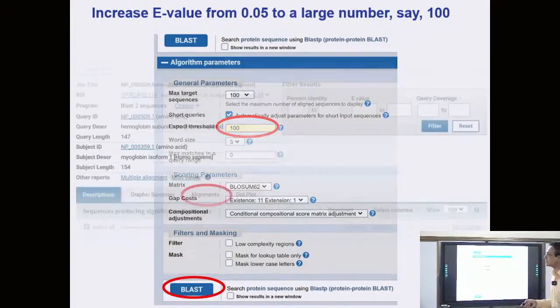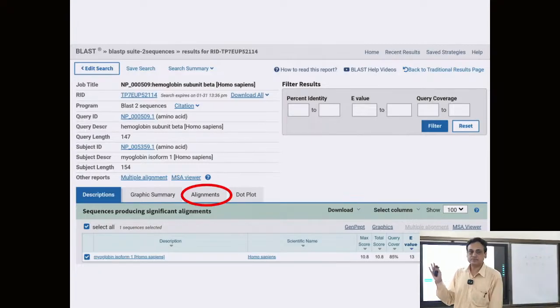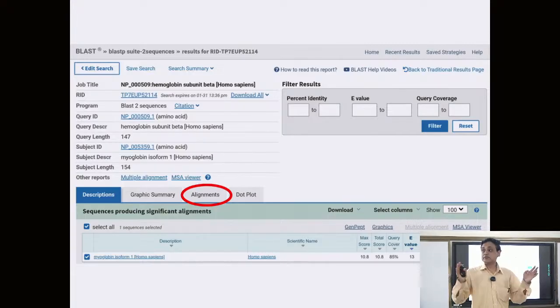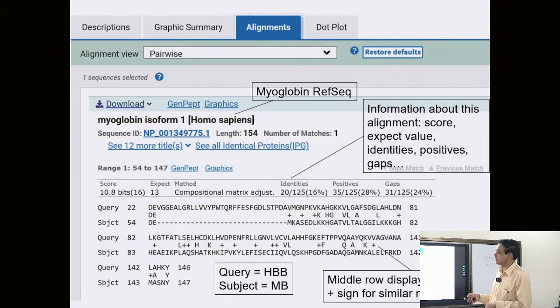When I did this, it indeed returned an alignment, and it shows that percent identity is only 16%. So, 84% are mismatches, only 16% are identities. Which is shown here, the alignment of these two sequences.